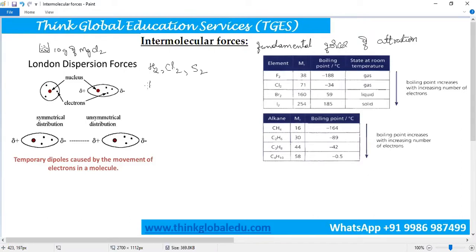Or the non-polar molecules exhibit a weak intermolecular force of attraction called London dispersion forces.